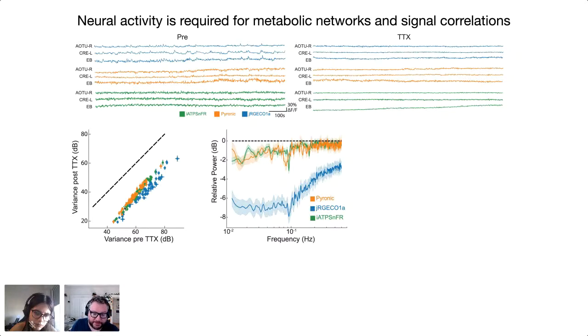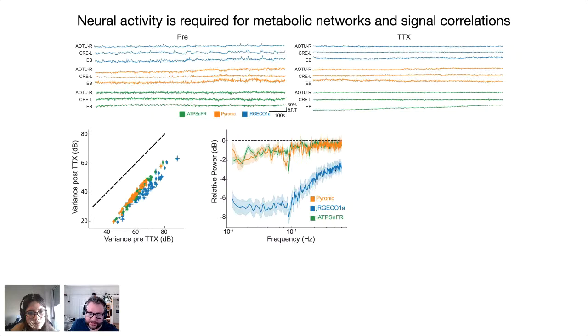If we look at this in frequency space, the relative power of the signals also drastically reduces. It's much more profound with our calcium indicator, which is maybe unsurprising because we're directly blocking neural activity, and presumably some metabolic activity is still occurring, right? We haven't killed the cells.